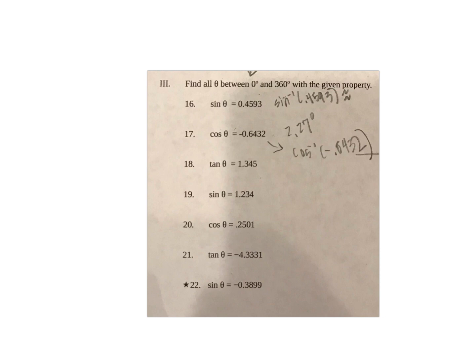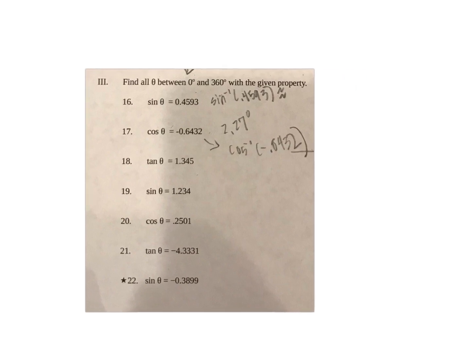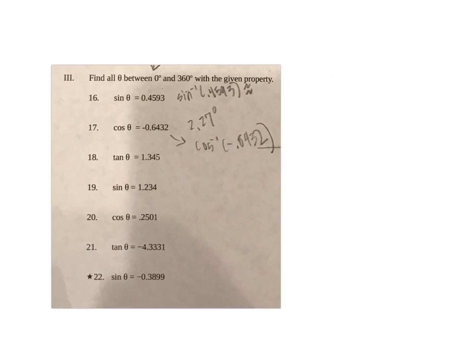Okay, looking at these problems, find all the angles between 0 and 360 with the given property. So I think it would certainly be good to remember "All Students Take Calculus" for this.